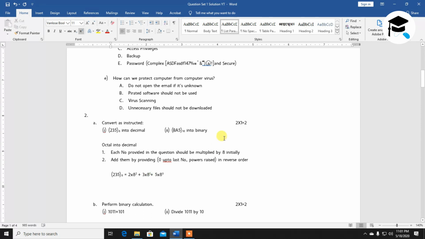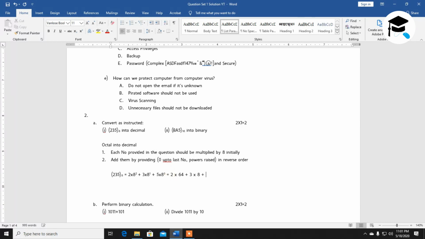Now simply we need to add this. That is 2 into 8 square, that is 64, so 2 into 64, plus 3 into 8 to the power 1, it's 8. Simple mathematics, you can understand it.